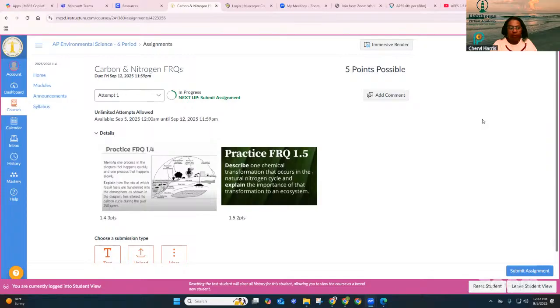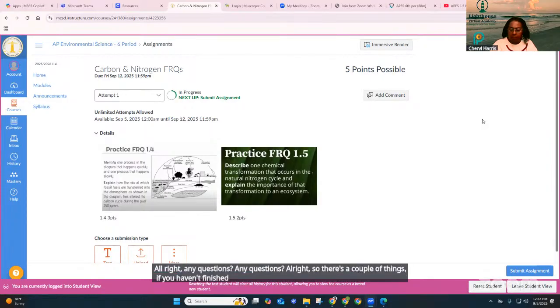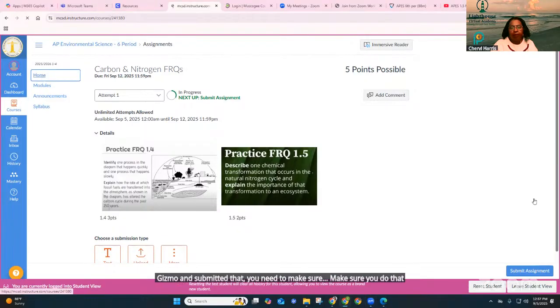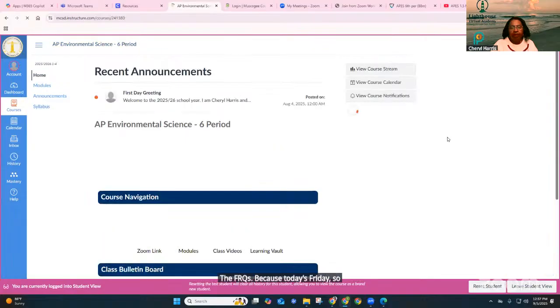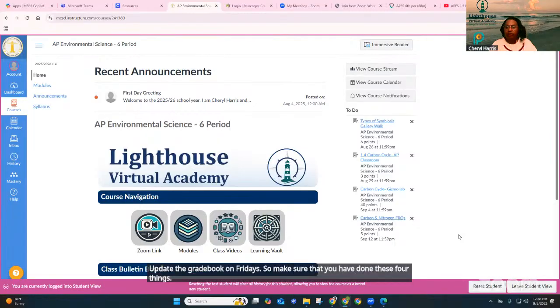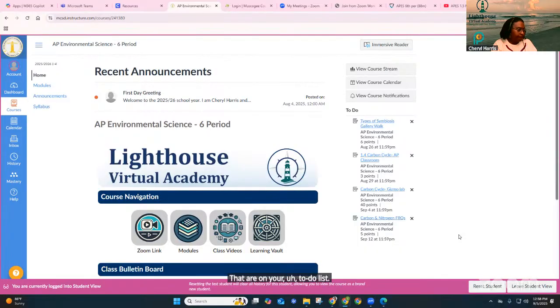All right, so there's a couple of things. If you haven't finished your carbon gizmo and submitted that, you need to make sure you do that. The FRQs too, because today's Friday, and they update the grade book on Fridays. So make sure that you have done these 4 things that are on your to-do list.